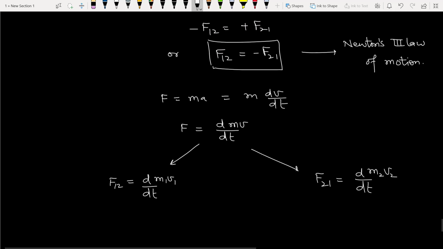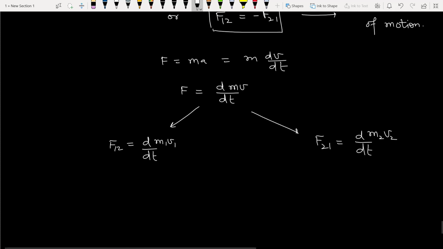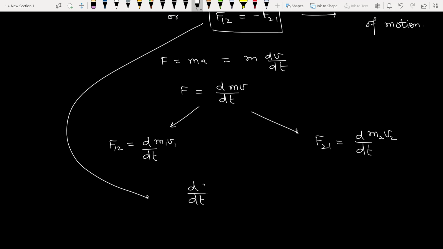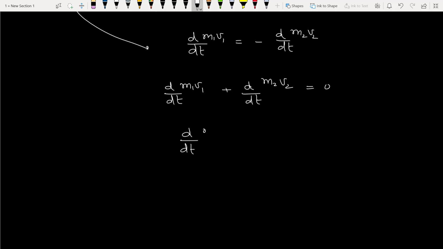If we substitute these values, we get d by dt of m1v1 plus d by dt of m2v2 equal to 0. Taking d by dt common, d by dt of (m1v1 plus m2v2) is 0.